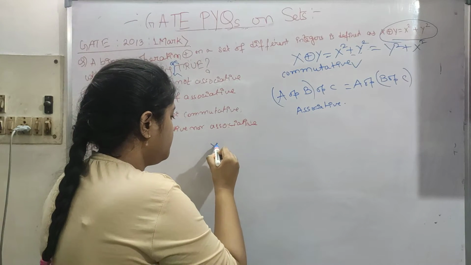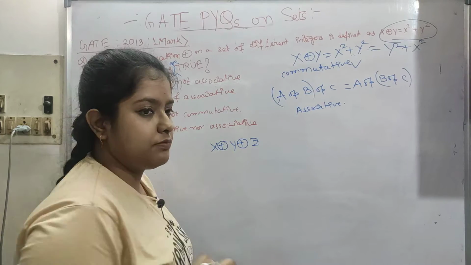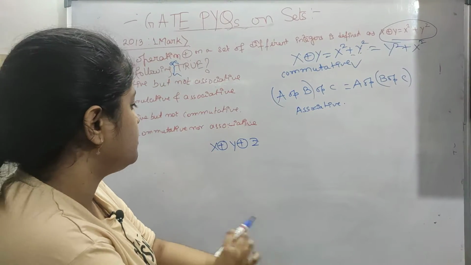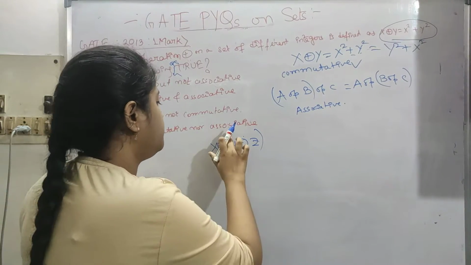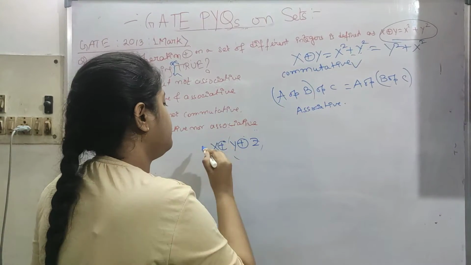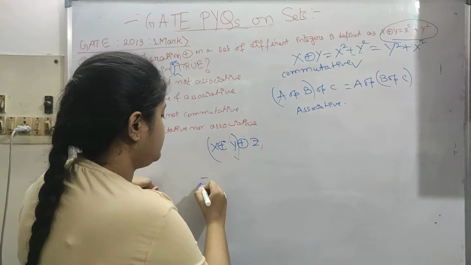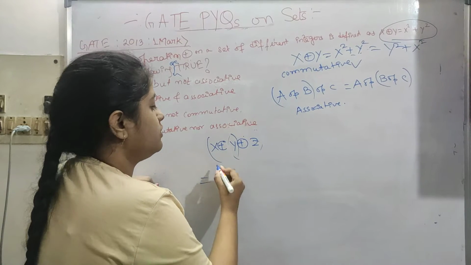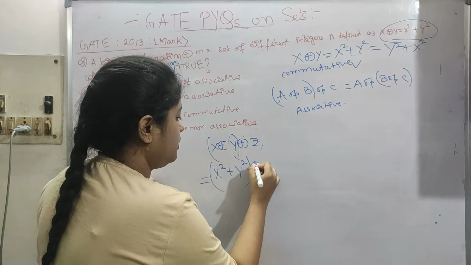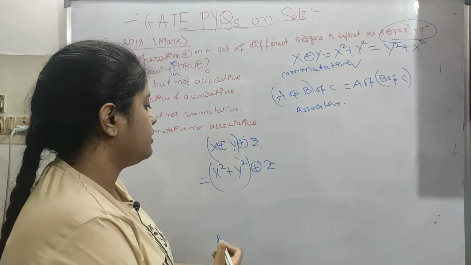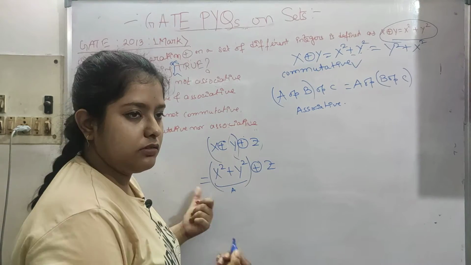Let's take three operands. If we take x and y first, this is basically x square plus y square. Then this operator z. Let's say this is our a, for your convenience.